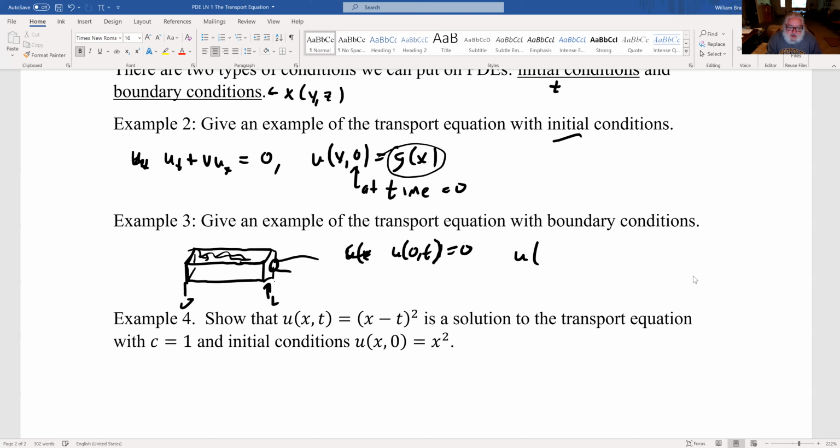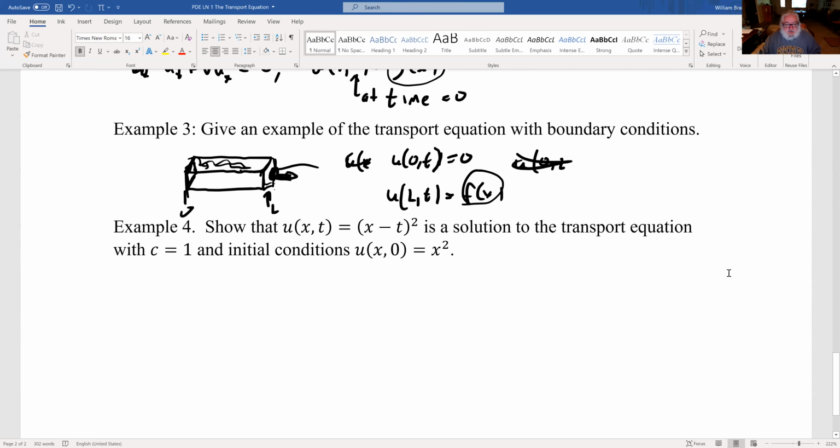And then u at L comma t, at the end of the pipe, has to obey some other function, right? Because it has to go into this pipe. So that gives us boundary conditions saying at this point, there is no water because that's the wall. And at this point, at x equals L, there's a pipe or something that we have to take account of.